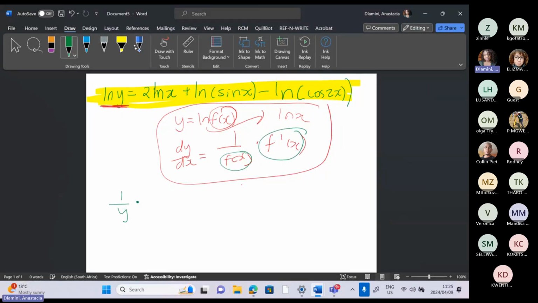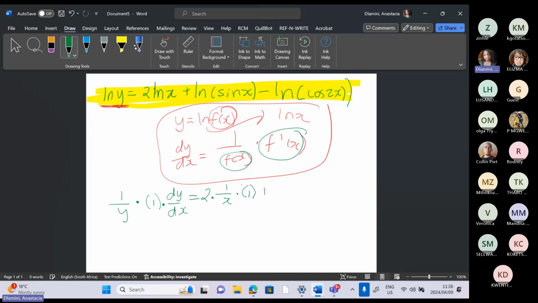In this case, the derivative of y is just 1. Since we differentiated y, we said we multiply by dy over dx equals to, now we have 2 ln of x is 2 times 1 over x times the derivative of x, which is 1.